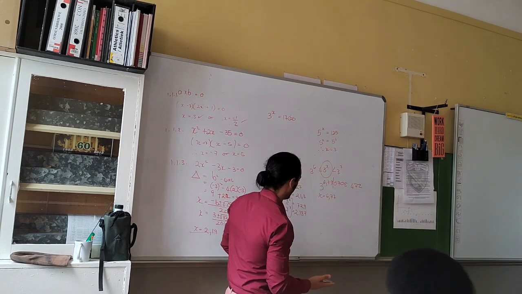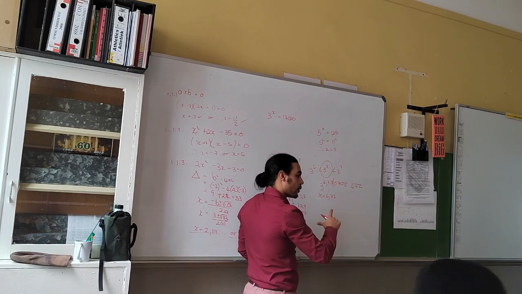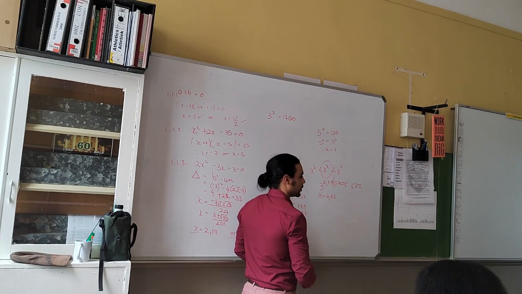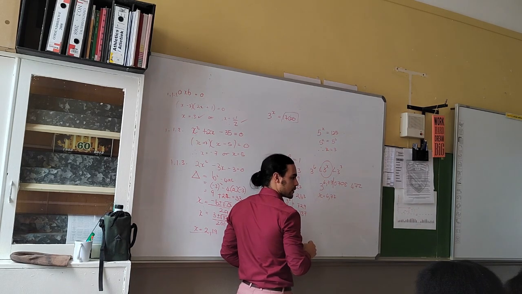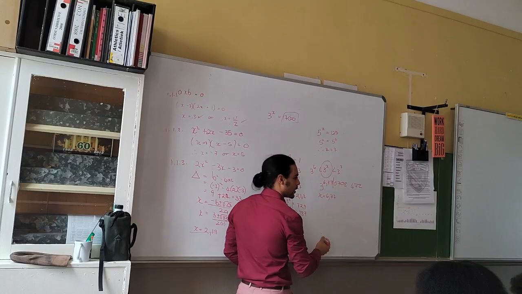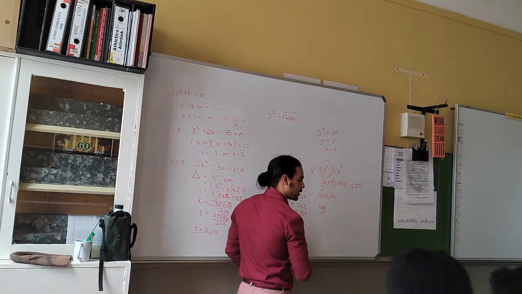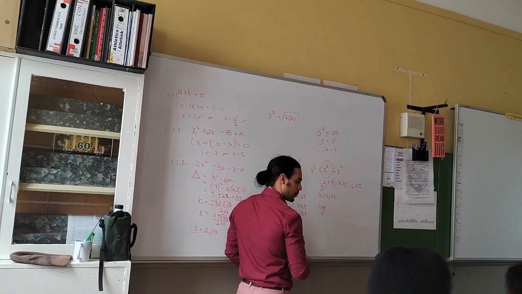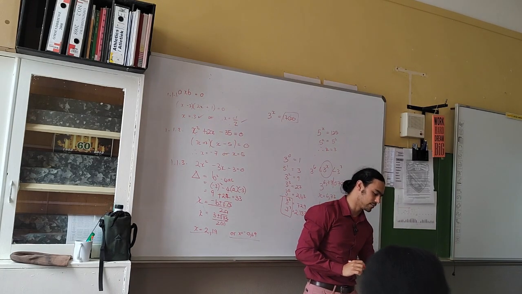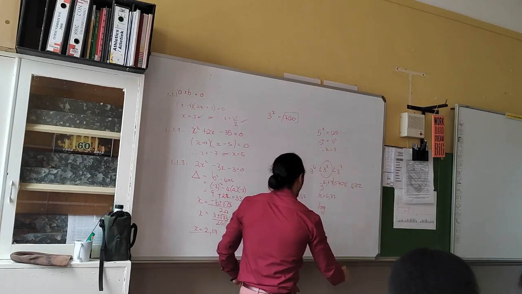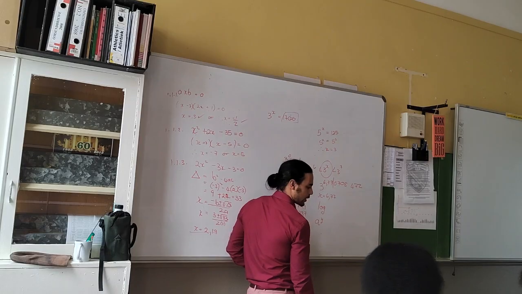Now I need you to listen carefully. This is an introduction to a new topic: when we have something and we don't know the answer and we cannot find a base that's equal, then we can go to log. So I want you to page back quickly to log. This is why you are here in grade 11, to learn the grade 12 work.